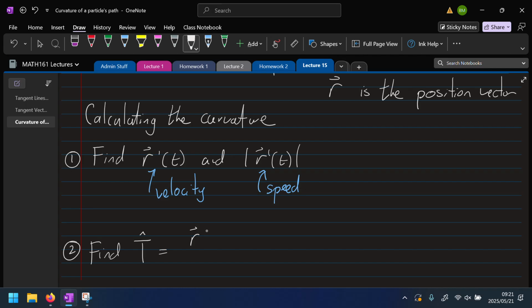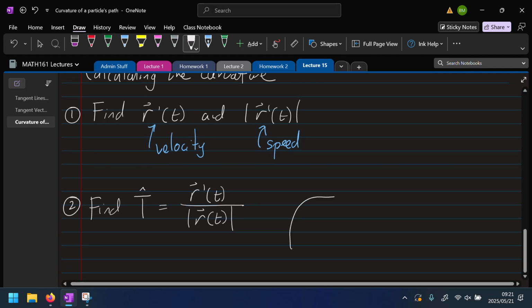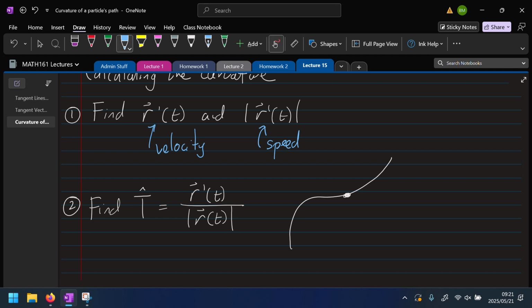That's going to be the velocity vector divided by the speed. Okay, so if you take the velocity vector and you divide by the length of the velocity vector, then the length is just 1. So just look at a little picture here. Again, we're interested in this point here.